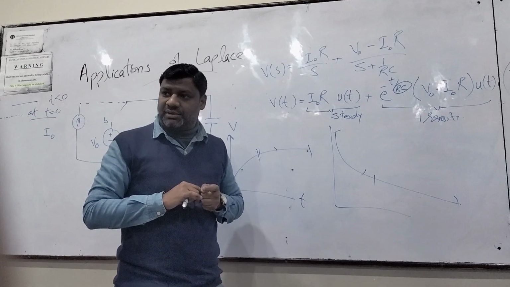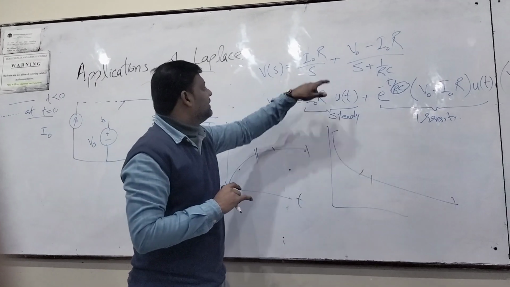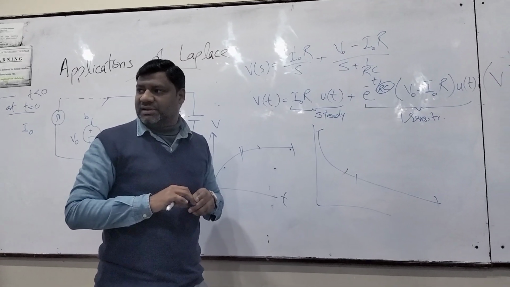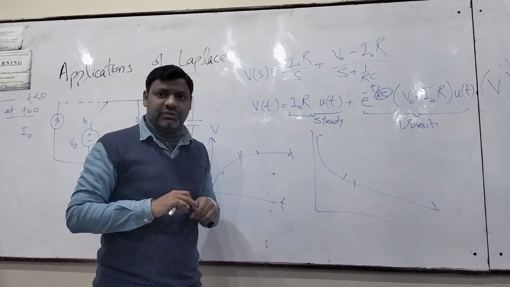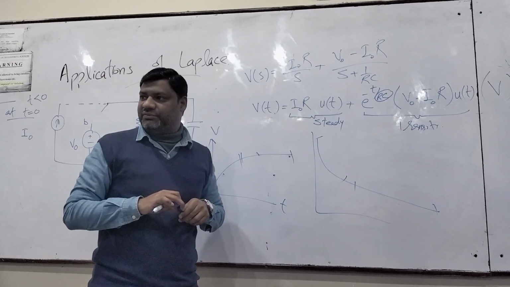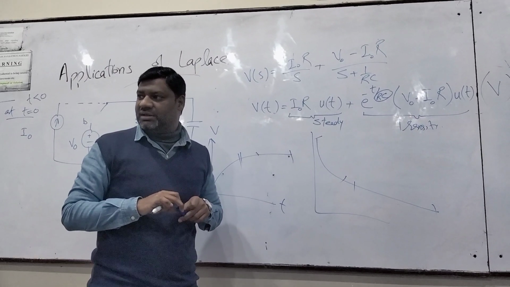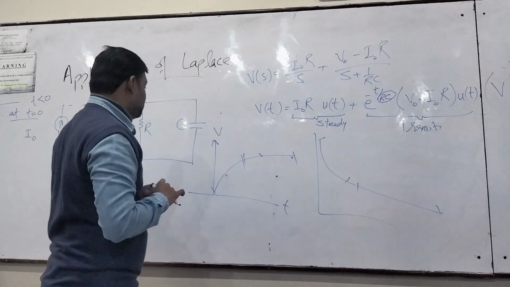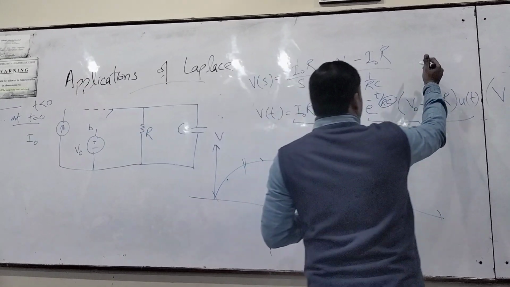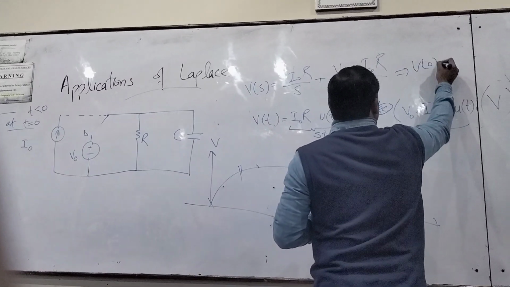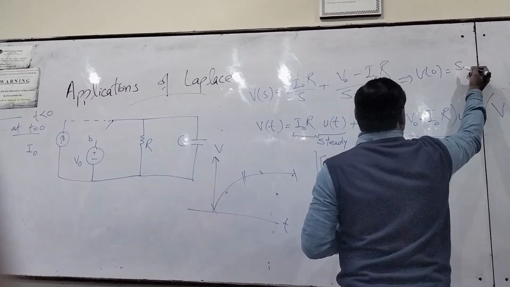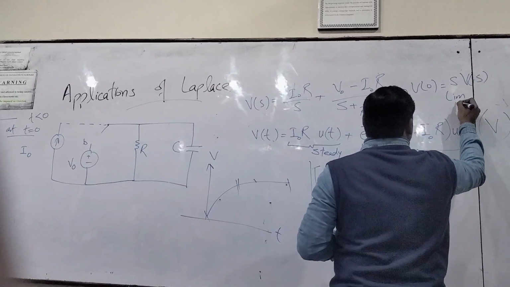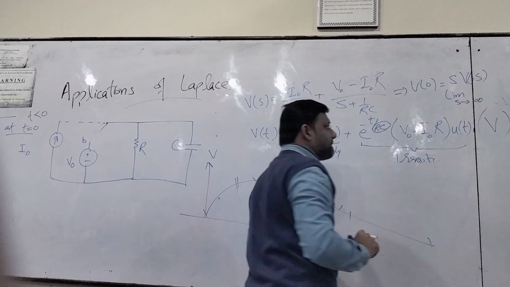Okay, let's try to find out the initial and the final values. Remember, how do we find that? V of 0 and V of infinity using Laplace: S multiplied by V of S, limit S tends to infinity.